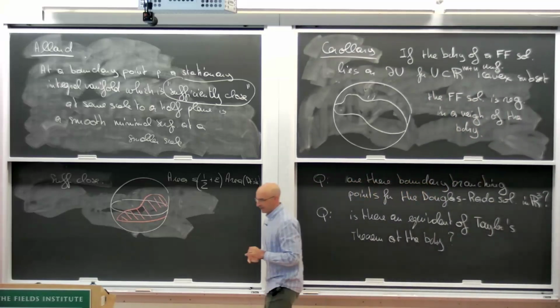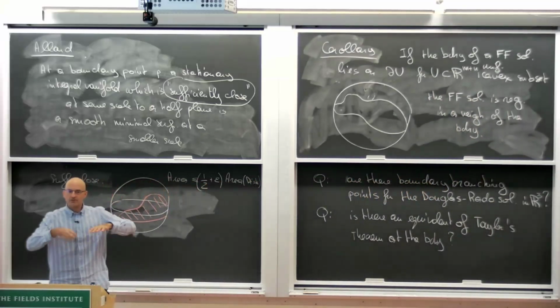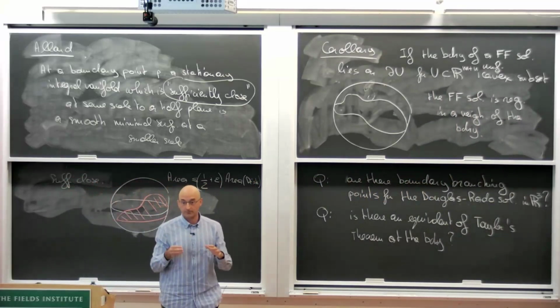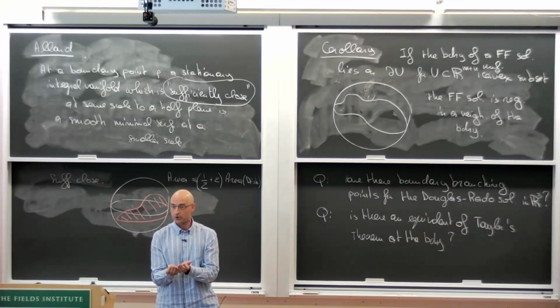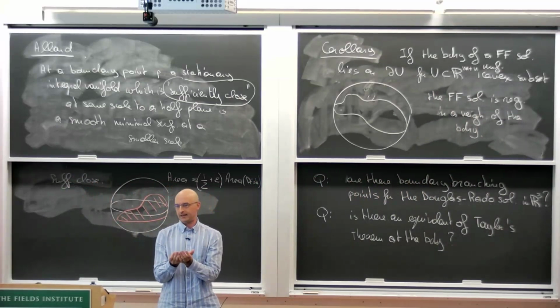Okay, so this actually is fantastic news, because it means in a lot of very reasonable situations, you can actually solve the Plateau problem. And in fact, the boundary regularity is even luckier than the interior regularity. So if you have this convex barrier, there is no singularity at the boundary, okay?